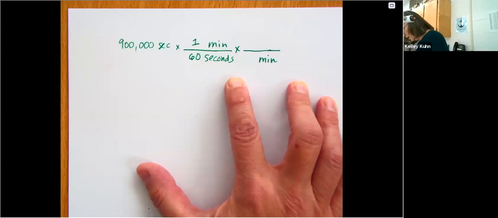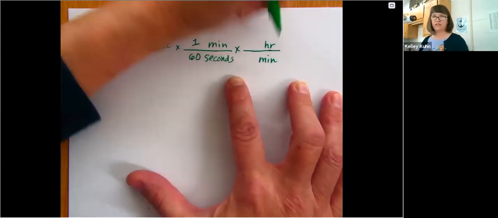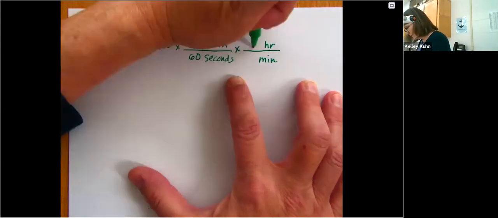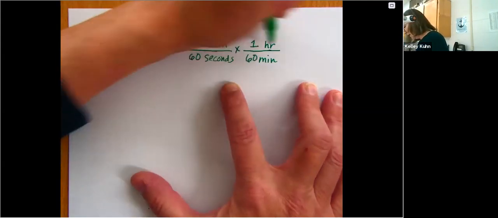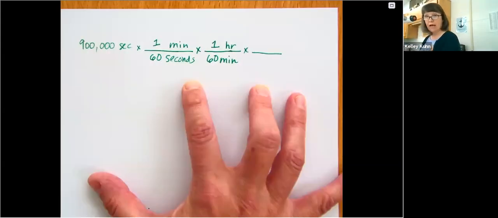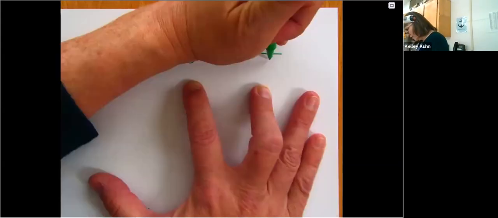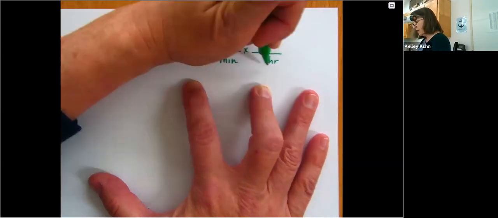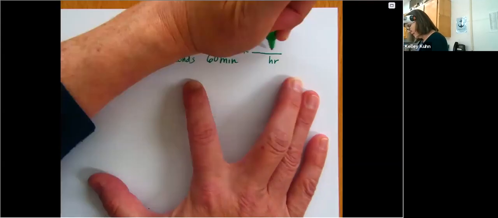Hours. And once again, I want to ask myself, what's that relationship? Well, 1 hour is 60 minutes. What's going to have to be on the bottom of my next ratio? Hours. Whatever's in the numerator is going to come down to the denominator. And from hours, I can get to days.